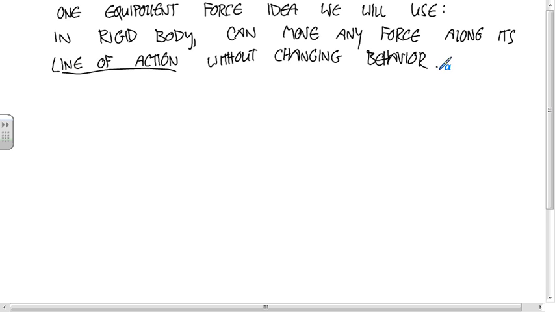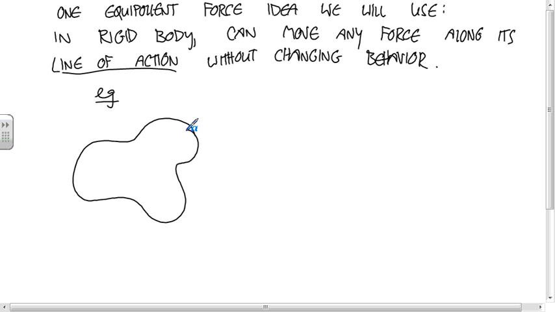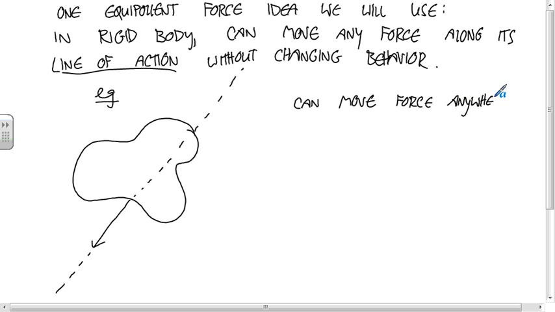So, for example, if this is a rigid body and a force is applied here, you can move that force anywhere along this line and the behavior is going to be the same. So you can move the force anywhere along the dotted line.